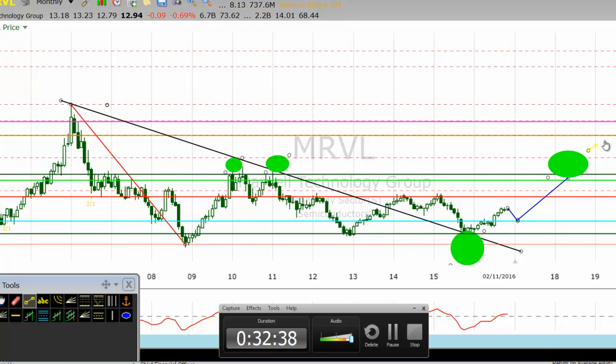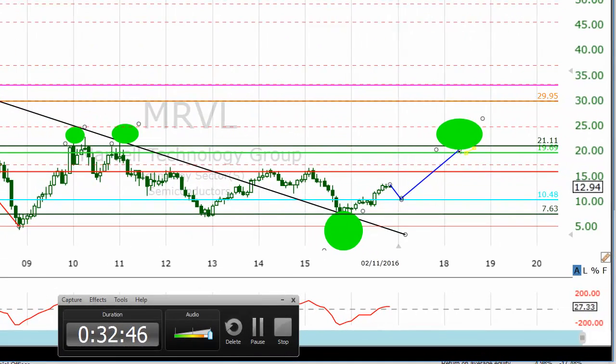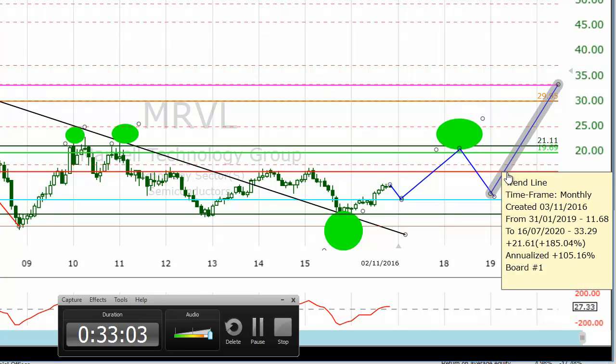So though the ultimate target is near $30 and $32, this resistance around $20, $21, we cannot ignore. So there is a probability that after a bit of consolidation, if the stock finally reaches the zone of $20 and $21, there will be a kind of pullback before we take it from there right to the ultimate target of $30 and $32.